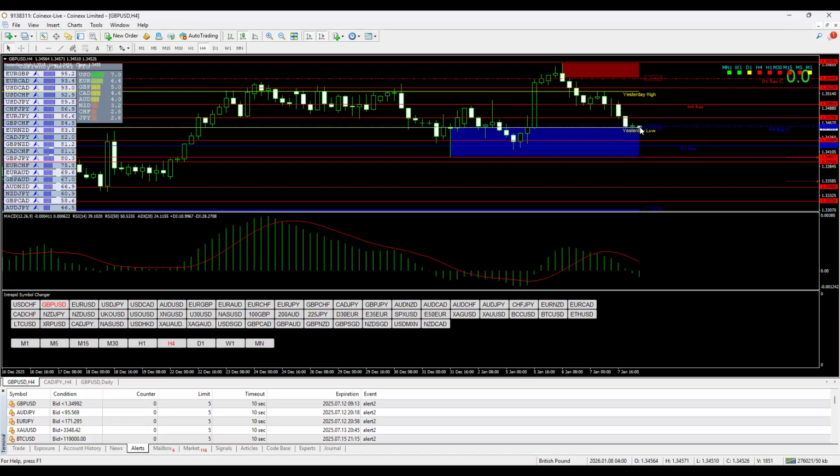Then I got a flat top candle here at the moment. Did they come back? Still looking at GBP USD. Well, if you look at USD, it looks like they did.